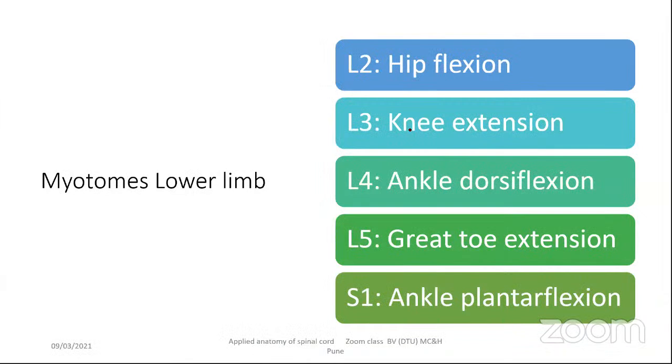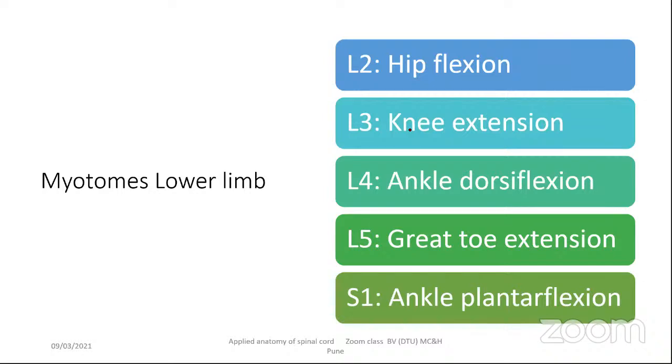Similarly, in the lower limb, hip flexion is effected by the spinal segments L1 and L2, knee extension by L3, ankle dorsiflexion by L4, great toe extension by L5, and ankle plantar flexion by S1. You see, this is gradual.